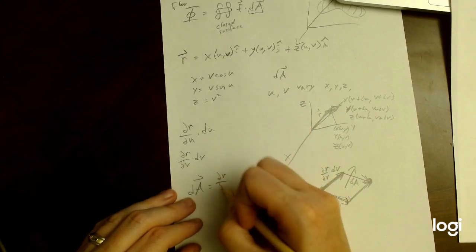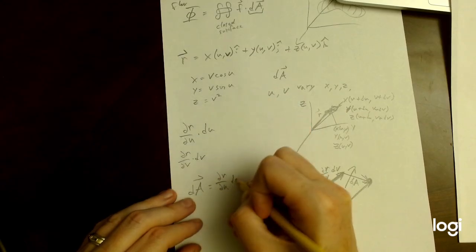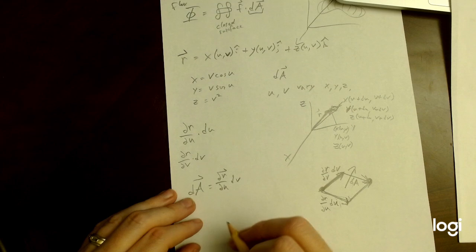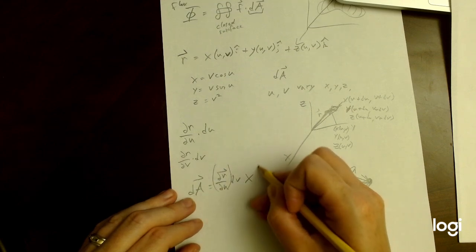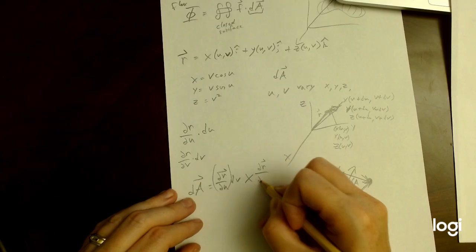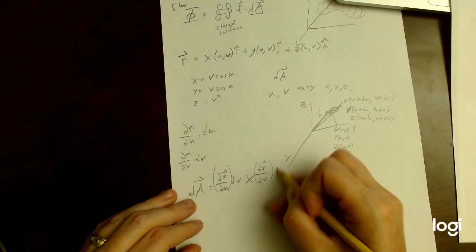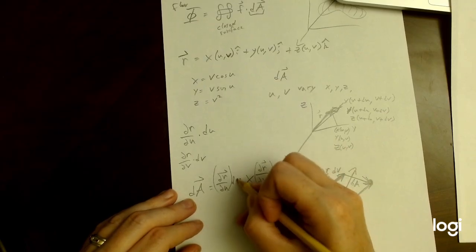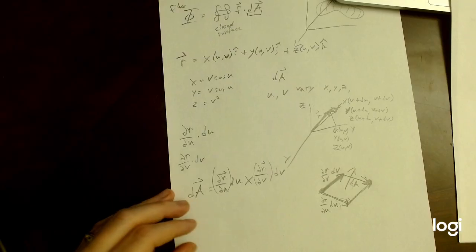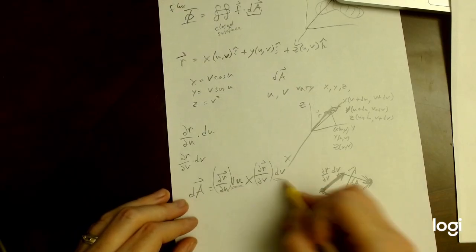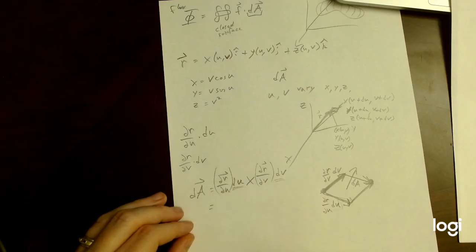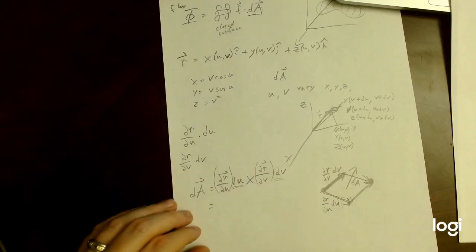So dr/du du, now this is a vector, crossed with dr/dv dv. This one's du, that's dv, and these are just some scalar quantities.